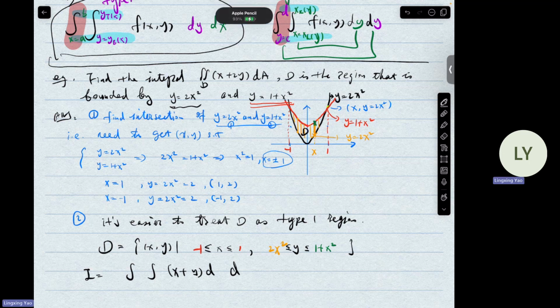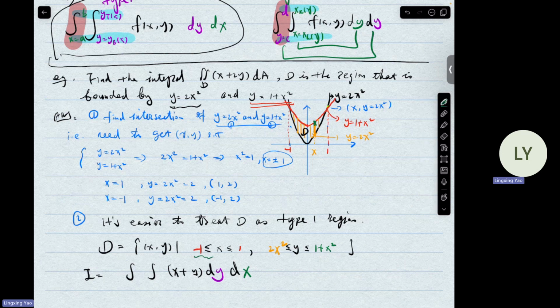Okay, so let's see if we still have everything on screen. Yes. I just want to make sure we have the proper recording. So now with this, we decide we are going to integrate y as the interior variable and x as the exterior integral variable.